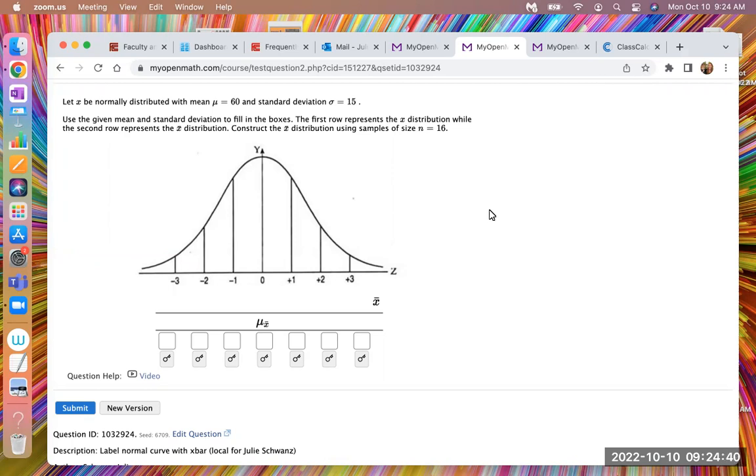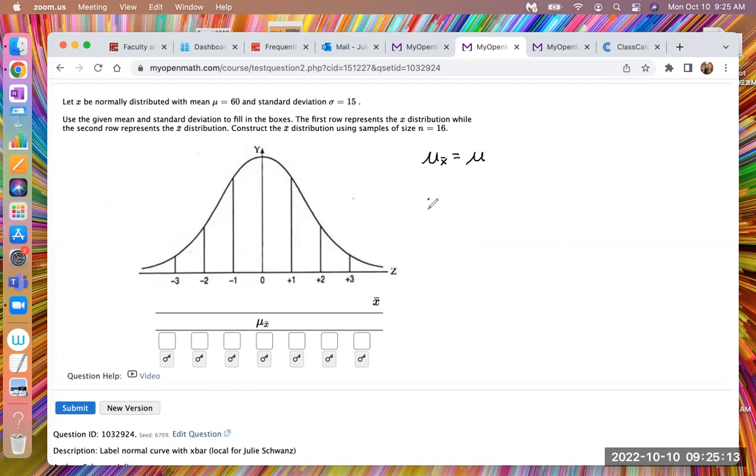So we have to find the mean of the sampling distribution, and we have to use the formulas that we have learned to find the mean and standard deviation. The mean of the sampling distribution of the sample mean is going to be equal to the mean of the original distribution of X, okay?